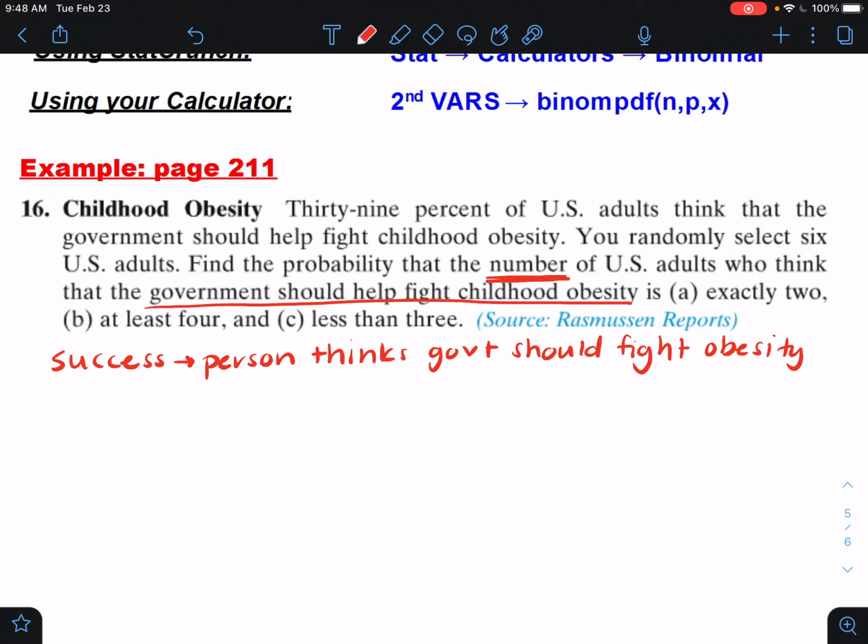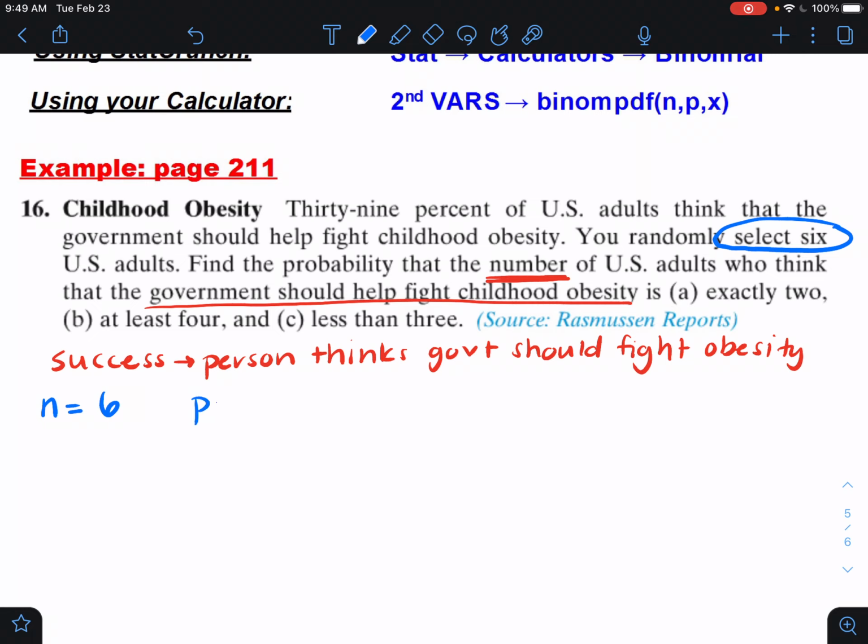Okay, so based on that, the first thing I'm going to look for is my fixed number of trials. I'm interested in how many people think the government should help fight childhood obesity. So I need to know how many people I'm going to talk to. That's my fixed number of trials. I'm going to select 6 adults, so n here is equal to 6. Okay, so we're good there.